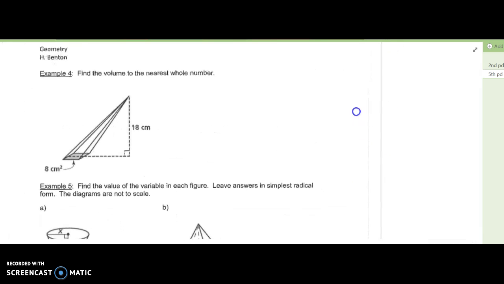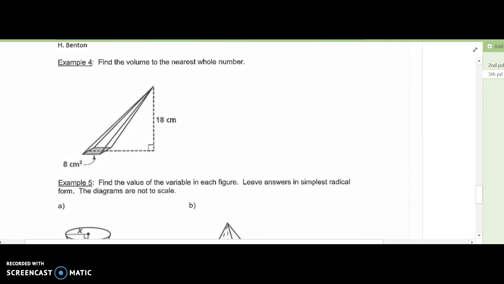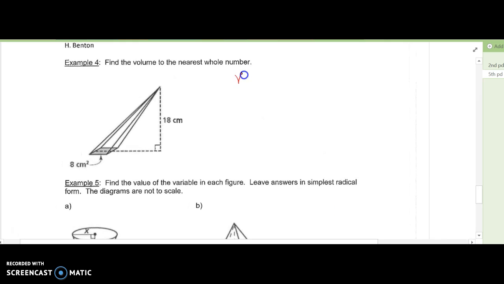Alright, example 4. Find the volume to the nearest whole number. It's just reinforcing those oblique pyramids, right, are the same formula, same idea. 1/3 area of the base times height, so that's 1/3. Because this is 8 centimeters squared, I know that it's referring to the area of the base and not just the edge.